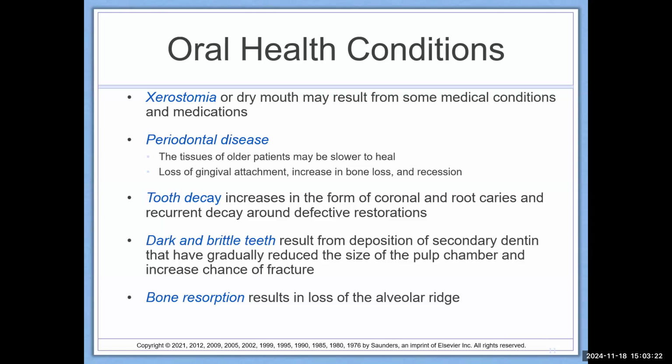So one of the benefits of getting older is that the pulp or the nerve tends to shrink or move away from the teeth. It gets smaller, so sensitivity might decrease. So that's one of the benefits of getting older. But however, all in all, the teeth start to get a little bit brittle and a little bit more dark. And then, of course, we have something called bone resorption, and this is the loss of the alveolar ridge.